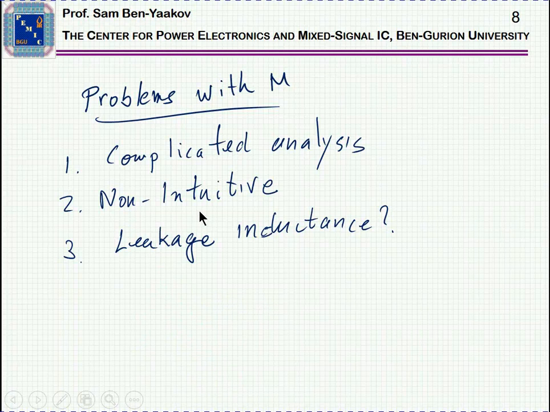Also, it's non-intuitive. You really don't see many elements that you would like to see. For example, the leakage inductance. It's sort of hiding inside this mutual inductance with the K coefficient, the coupling coefficient. You don't see it at all, and you don't see how it interacts with other elements like a capacitor, causing some parasitic resonance. You just don't see it.